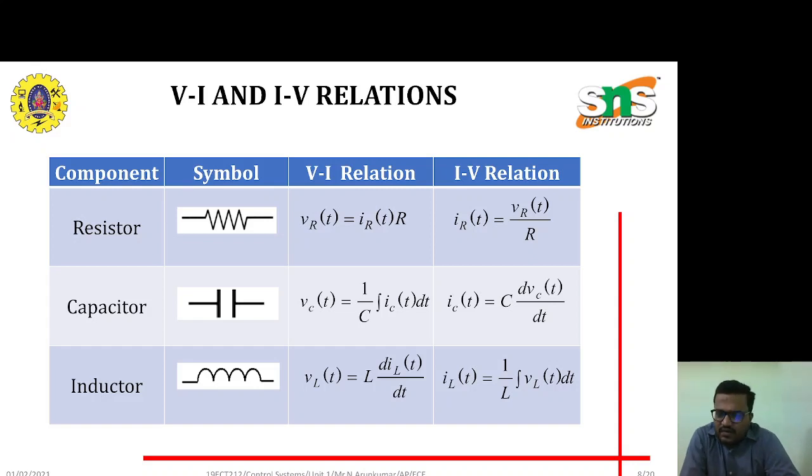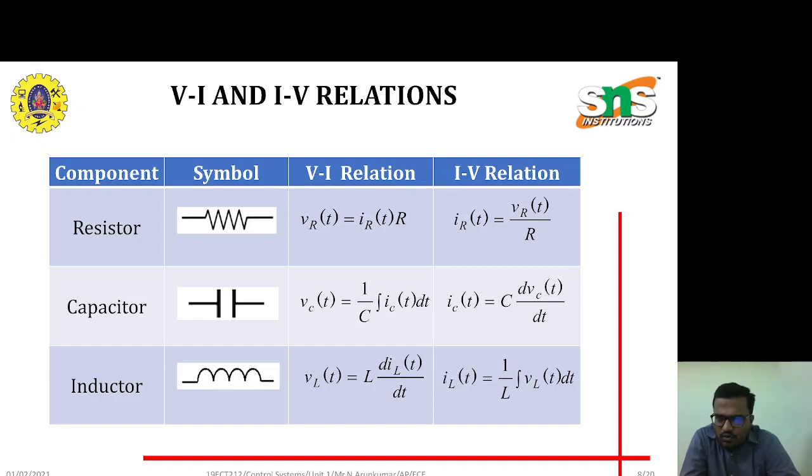Whenever we consider a circuit, we have to take it in two parts, either current or voltage. If it is voltage, we take the resistor like the above formulas. Whenever we consider the current to voltage relationship, we take these formulas. For example, for a capacitor, in the voltage to current relation, the voltage across the capacitor will be 1 by C integration of i_C dt.